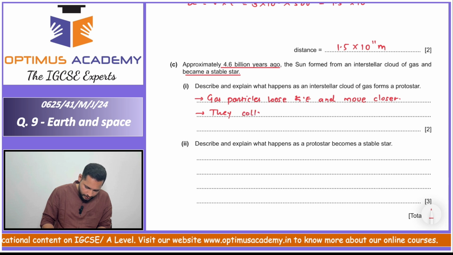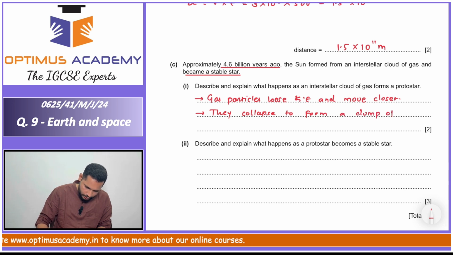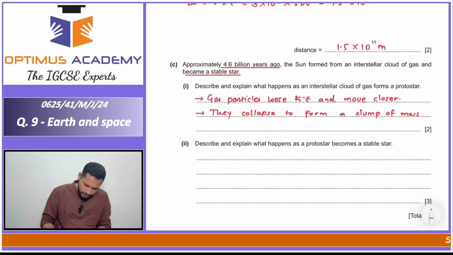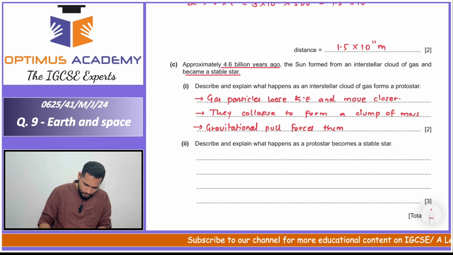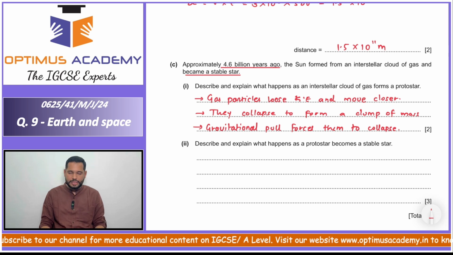They collapse into each other to form a clump of mass, and this collapse that we are talking about is due to the gravitational pull between them. So we can write the gravitational pull forces them to collapse.